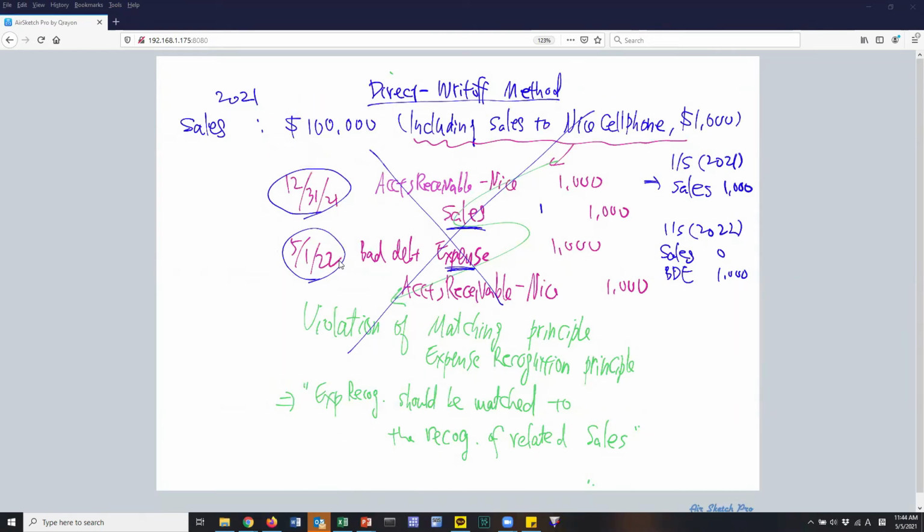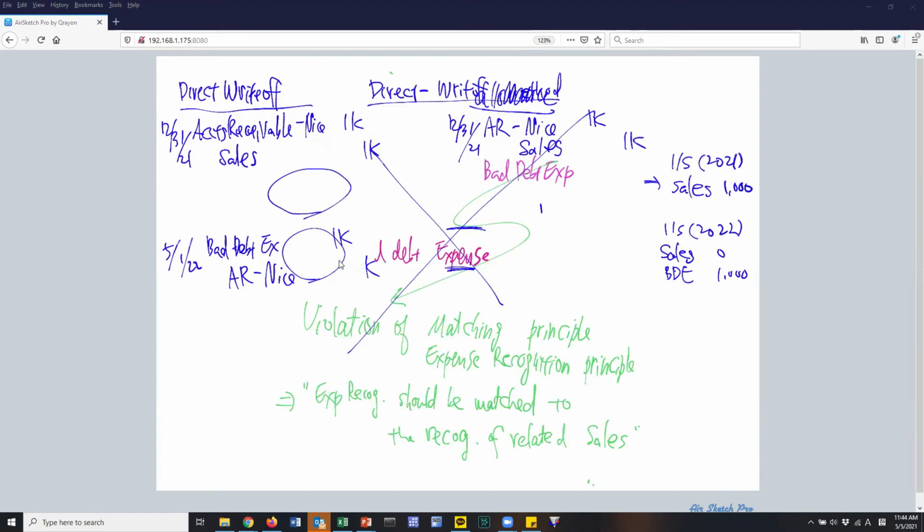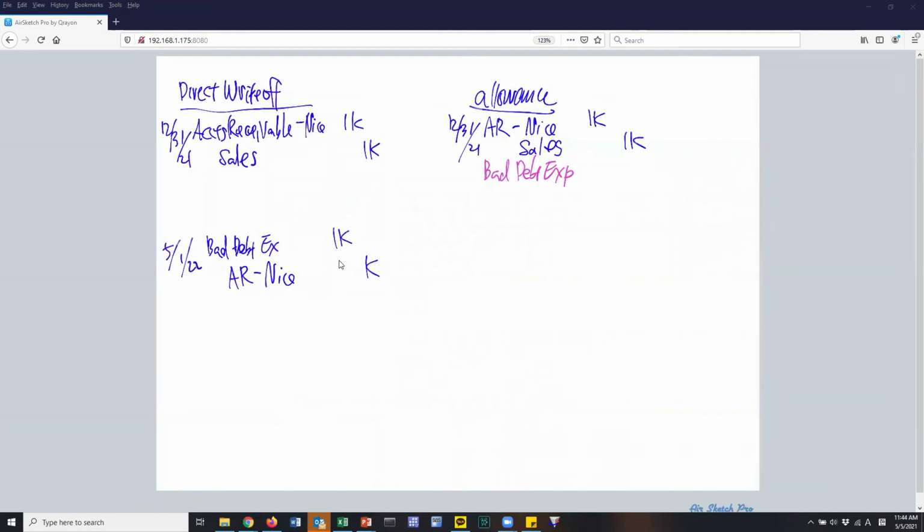Sean's overall sales over the past year was 100,000, which includes the sales to NICE 1,000, right? So going back to the second page. So this is part of the $100,000, right? So here, let's make sure that it's 100,000, not 1,000.